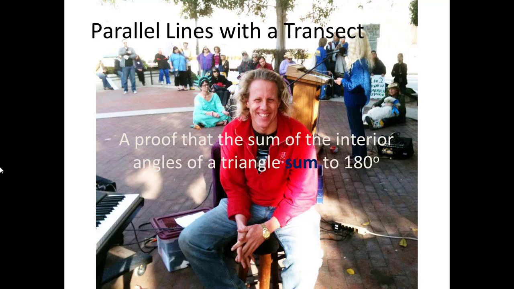It's almost 100% visual, which makes it very approachable. This fundamental theorem in geometry, a great takeaway that the sum of interior angles of a triangle sum to 180 degrees. We use that theorem in very many applied problems.